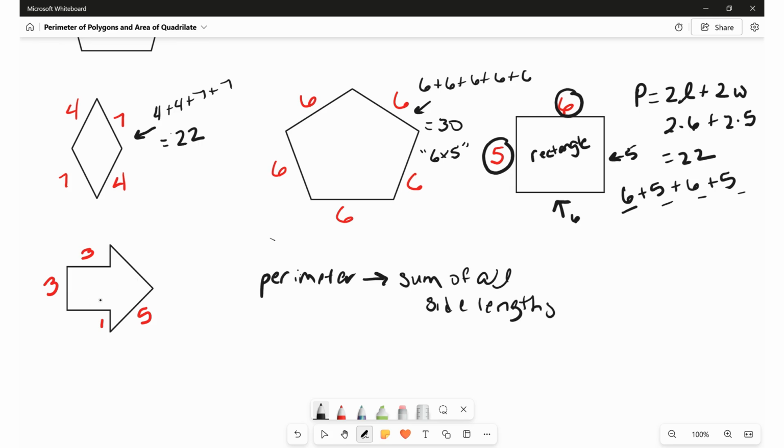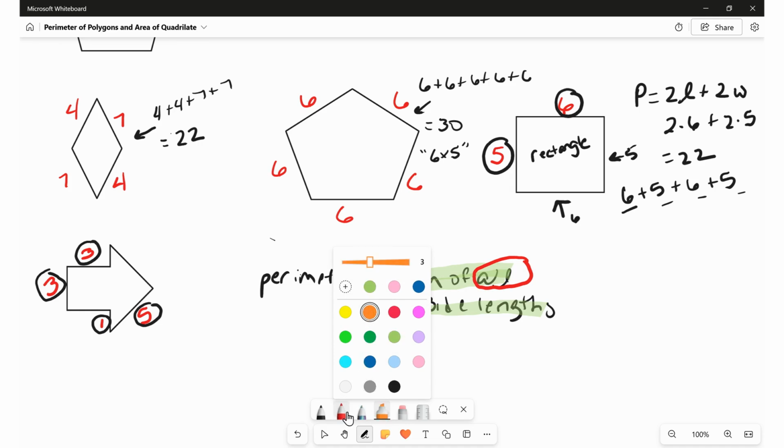Now, with this arrow, I intentionally left some things blank, because the most common thing that I'm going to see is people are going to come along and add this and this and this and this, and that's wonderful. But remember, perimeter is the sum of all side lengths. We need all side lengths. That is extremely important.